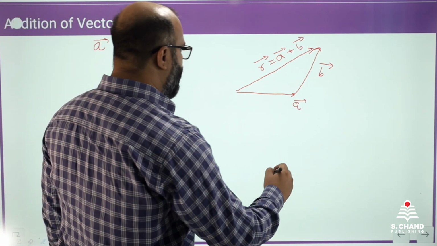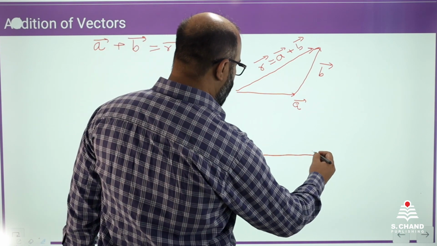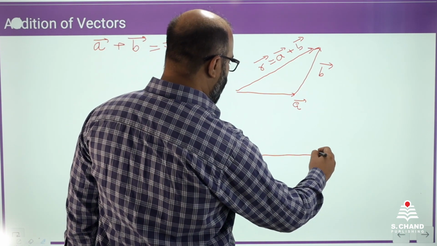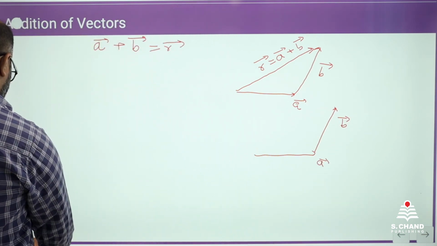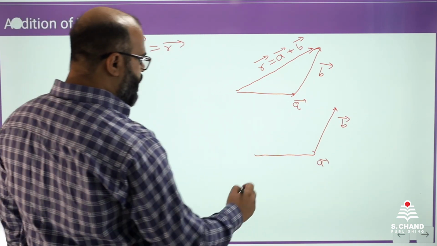Similarly, we have parallelogram law of addition of vectors, that if this is a vector A, this is a vector B, and we complete a parallelogram. How do we complete a parallelogram?